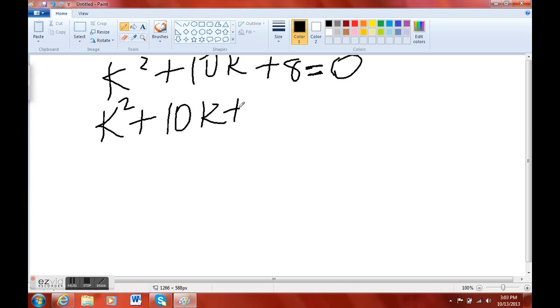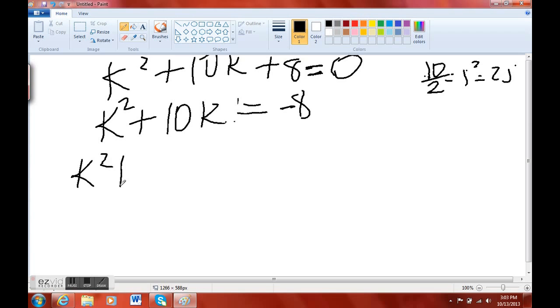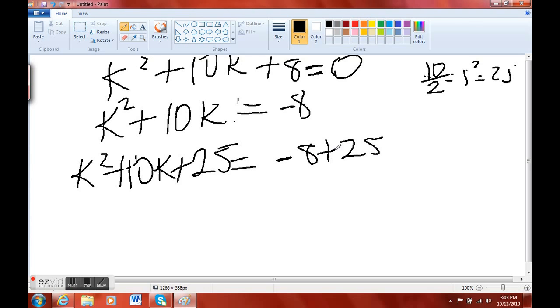Then hobo smile at food: half of b is 5, squared is 25, so you're going to do k squared plus 10k. Add the 25 to both sides. And then when you factor that side, you get k plus 5 squared, because 5 times 5 is 25 and 5 plus 5 is 10. So k plus 5 squared equals 17.